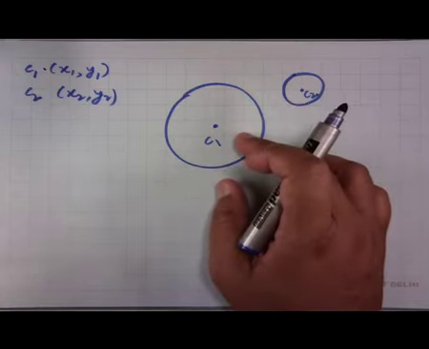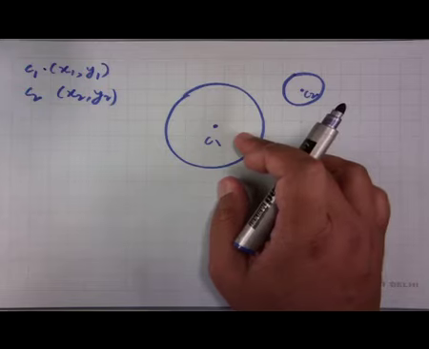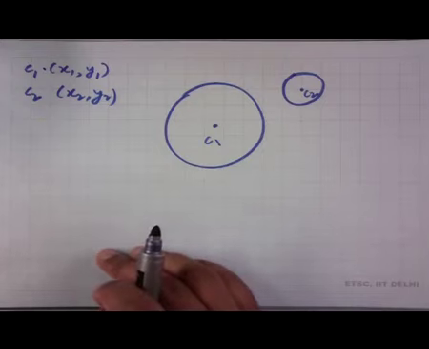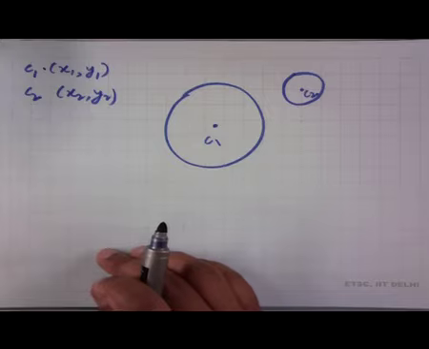Then how do we check whether the case is that of two non-intersecting and non-touching circles? For that it is not very difficult.